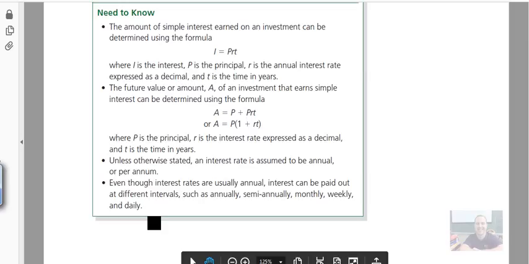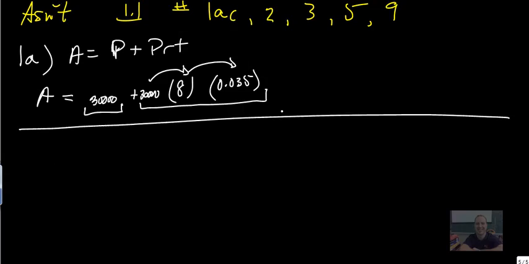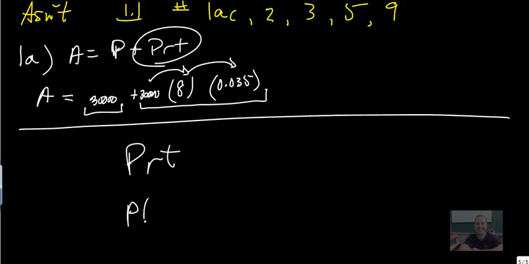If a question says the interest is paid semi-annually, 2 times a year, then really in the PRT, the term is half a year. So it's your principal times your yearly interest rate, times 0.5 of a year each time. The number of times that it gets paid out doesn't matter for simple interest. It's just the per year. In compound interest, it's going to make a big deal, but not here.